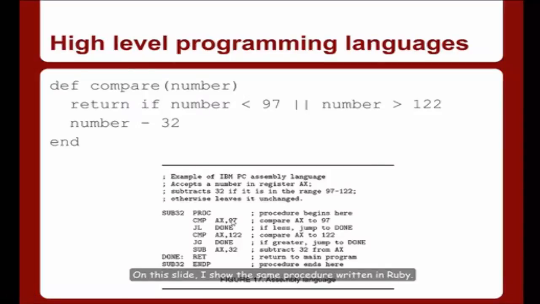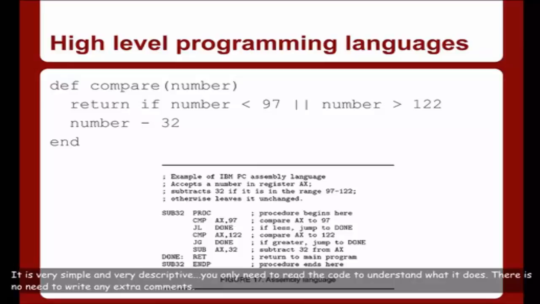On this slide I show the same procedure written in Ruby. It is very simple and very descriptive. You only need to read the code to understand what it does. There is no need to write any extra comments. So this procedure returns, which means it ends, it does nothing if the number given is less than 97 or greater than 122.